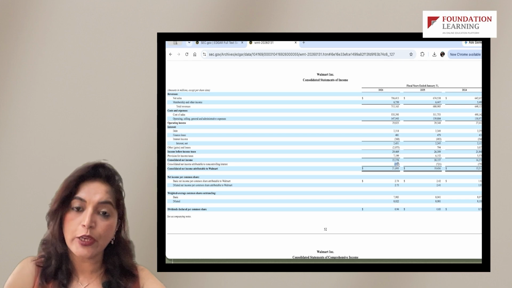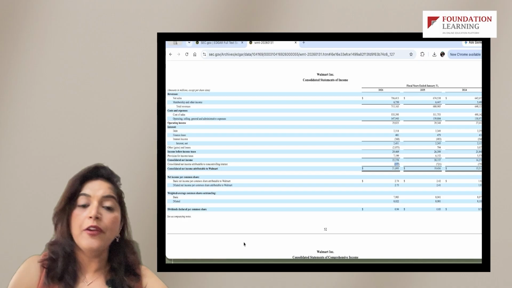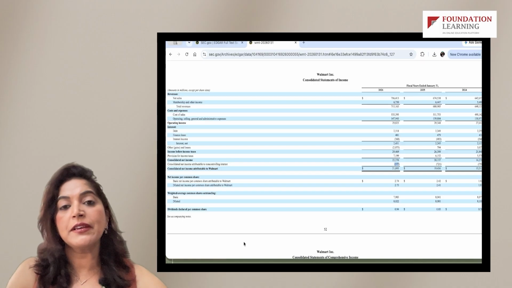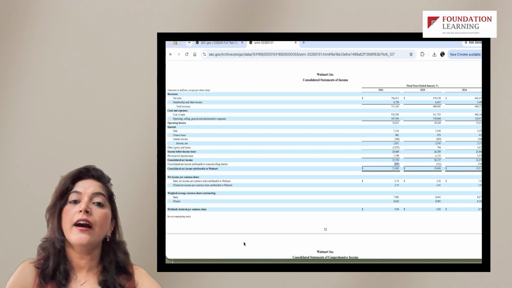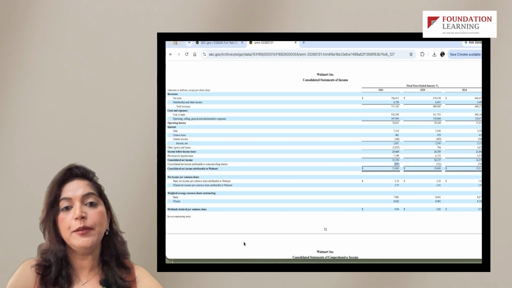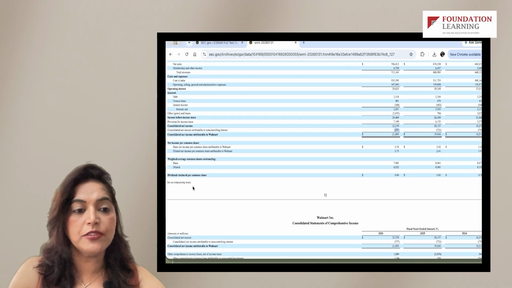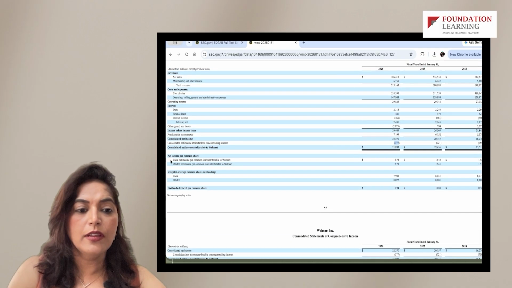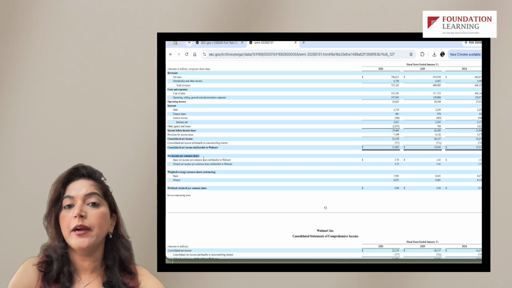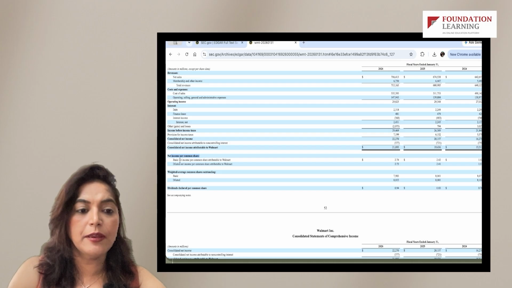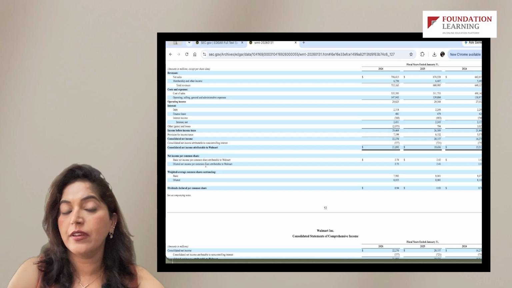Now again, as a requirement from SEC, whenever an income statement is presented, the company should also present the earnings per share, or EPS, for that year. So as you can see, the EPS calculation is followed. We calculate net income per common share, which is BEPS and DEPS, right?